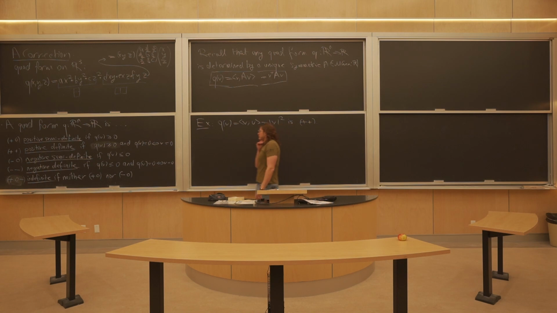So what's an example, for instance? If I were to take minus v norm squared, that would be negative definite, of course. And then if you were to look at the Minkowski norm, the quadratic form defined by the Minkowski inner product, that would be indefinite because it has a negative term.